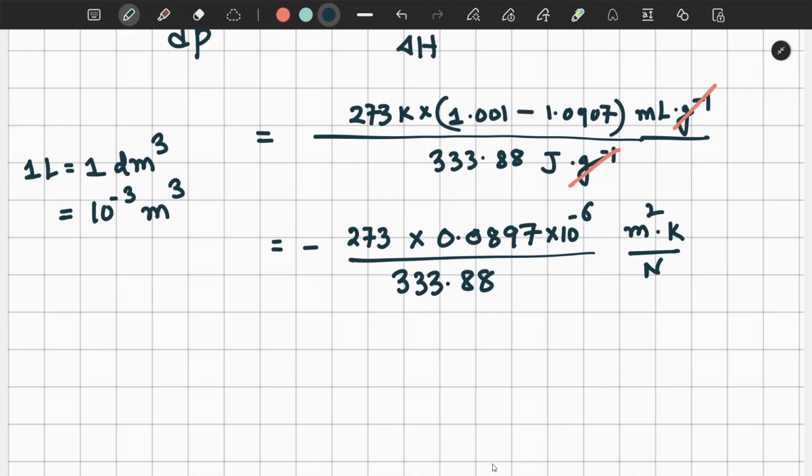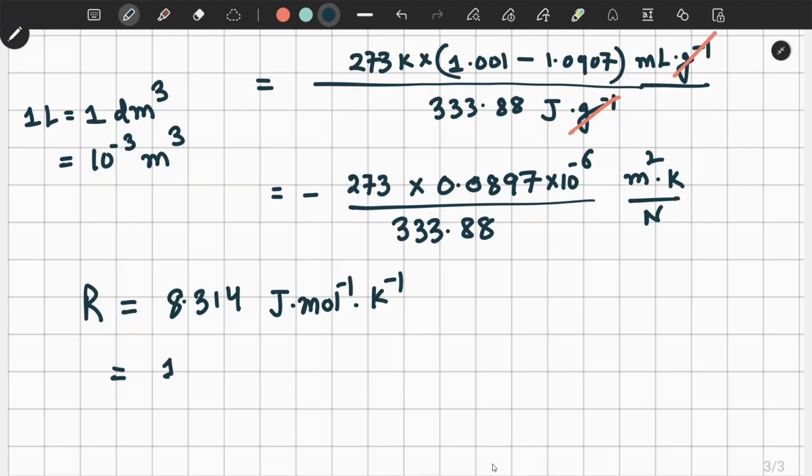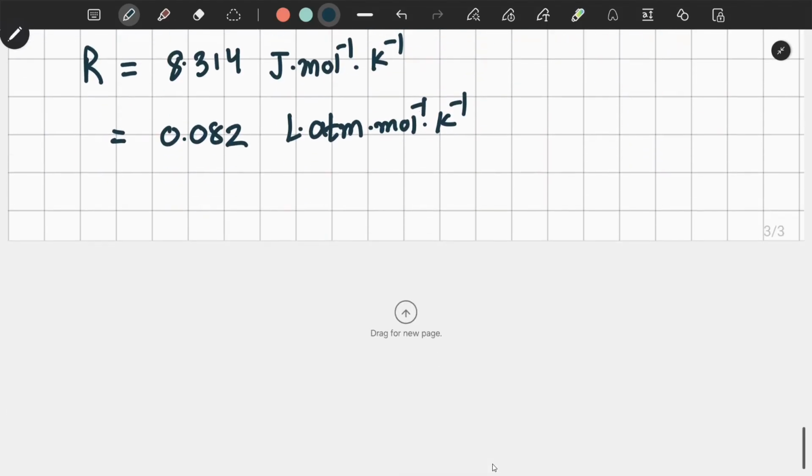Otherwise, what you can do is calculate from the value of R. What is the value of R? 8.314 joule per mole per Kelvin. And in liter atm it will be 0.082, liter atm mole inverse Kelvin inverse. The 1.987 is in calorie.